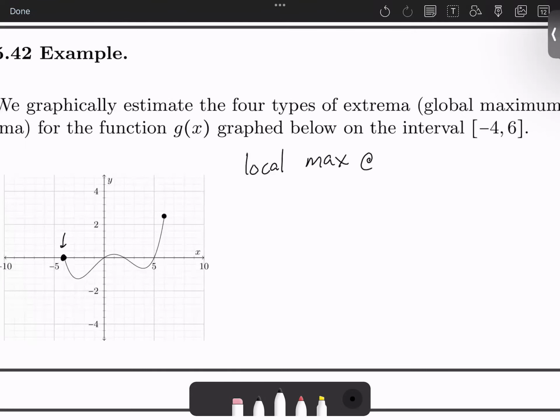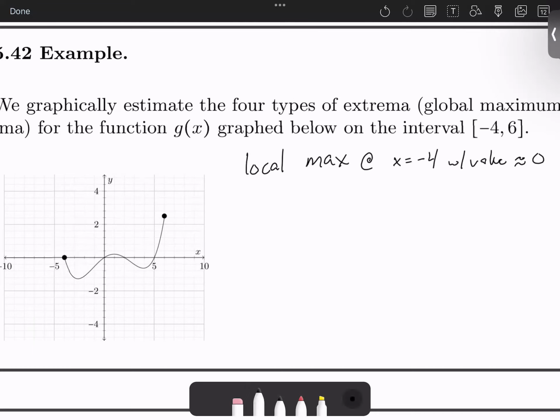That right there is taller than all of these other function values that are next to it. That's the biggest function value in that sort of open circle. So we've got a local maximum at the x value of -4. That's where the maximum occurs. The actual maximum value, what is that y value? It is about 0, that's on your x-axis.